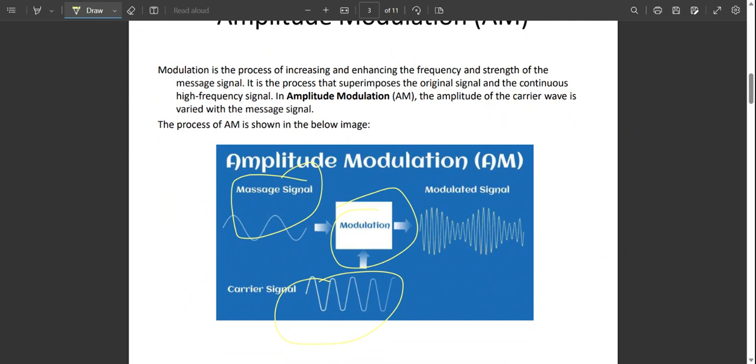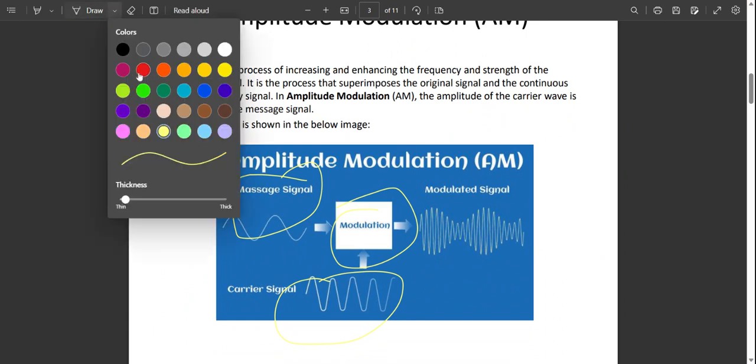So in the modulator, the carrier signal and the message signal are multiplied, and then we will get a modulated signal. Okay, so in amplitude modulation, we enhance the frequency or strength of the message signal. So how can we do that?